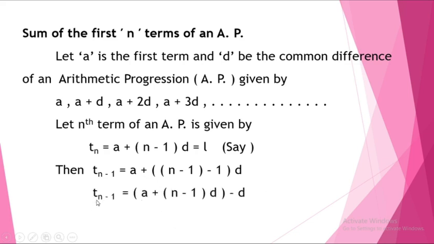We get Tn minus 1 equals A plus n minus 1 into D minus D. We collect the first terms in one bracket, but this bracket term is nothing but Tn, the nth term, which we say is L. Hence, the term Tn minus 1 can be written as L minus D.